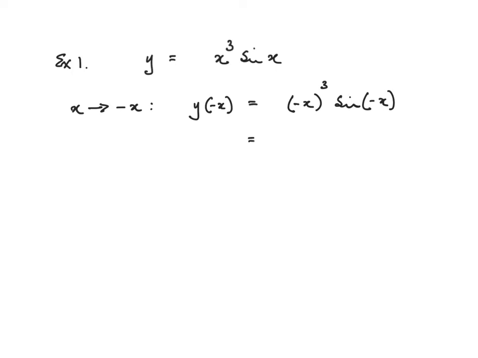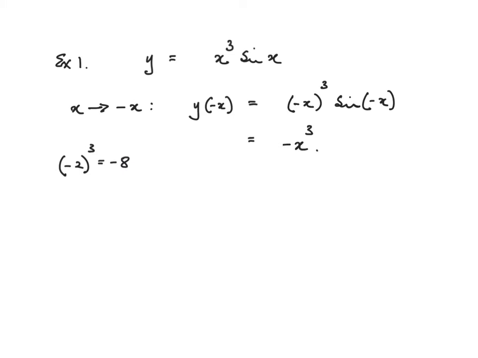Now, if we cube a negative number, because the power is odd, we'll end up with a negative answer. Consider minus 2. Minus 2 cubed, with the minus in the bracket, is minus 8. Minus x all cubed is minus x cubed.